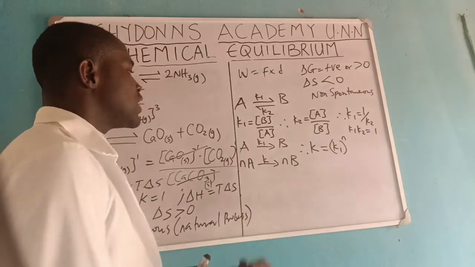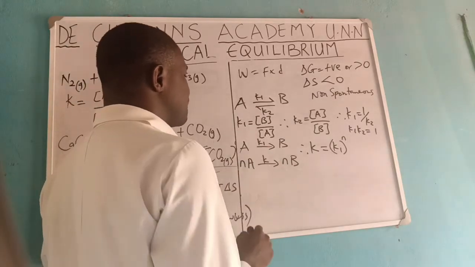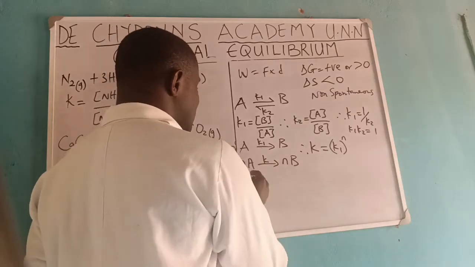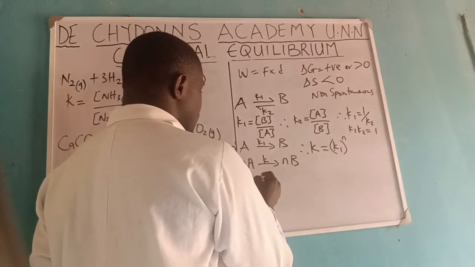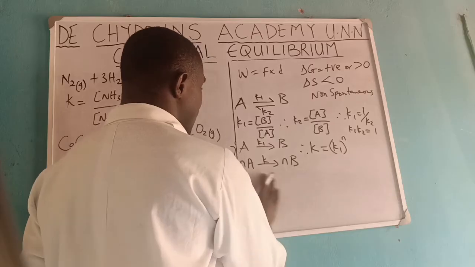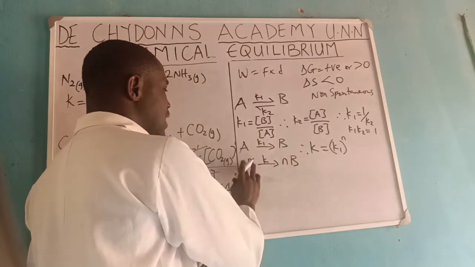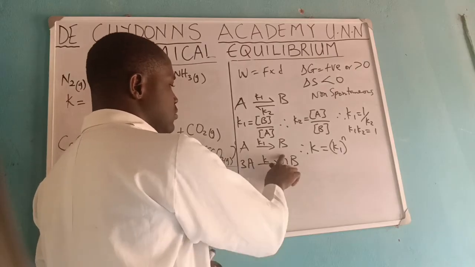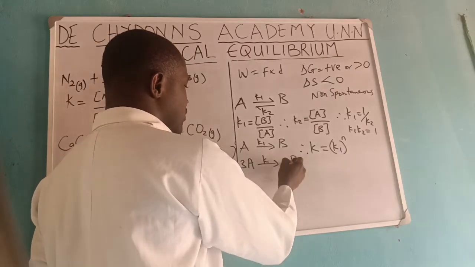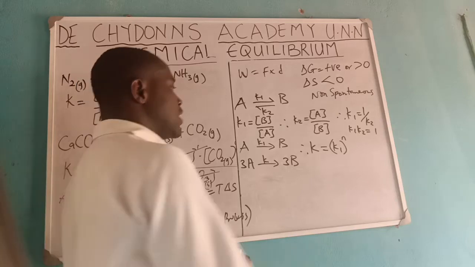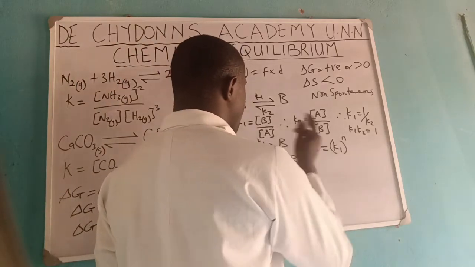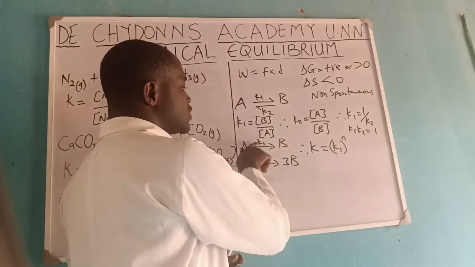That means if you are given, let's say, A to produce B with K1, and here is 3A to produce 3B, automatically the implication is that this K will be equal to what? What is your K1?